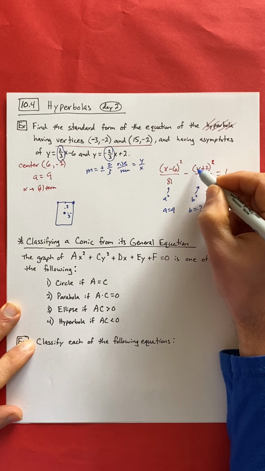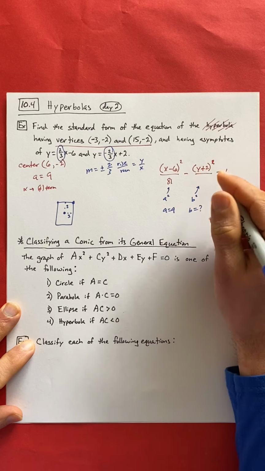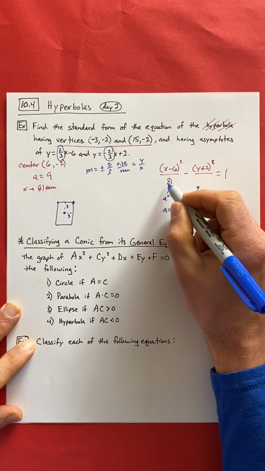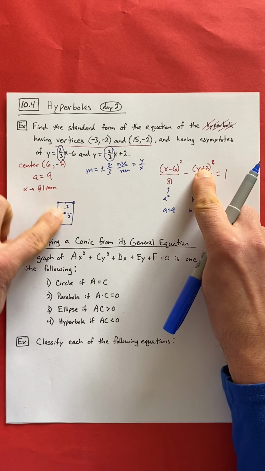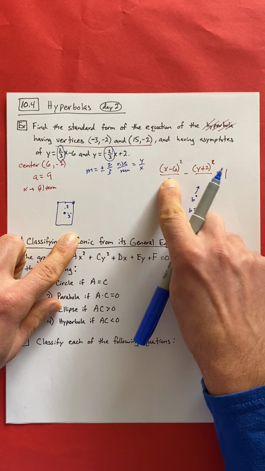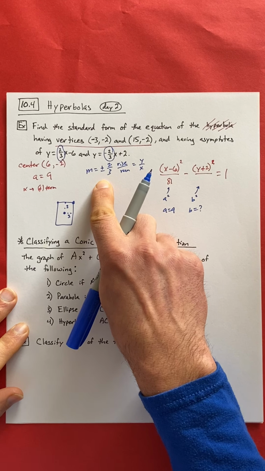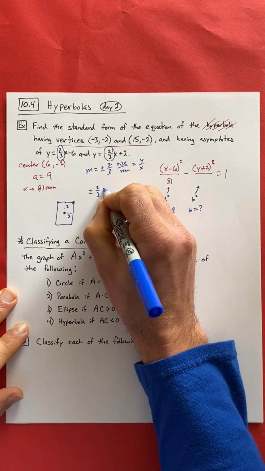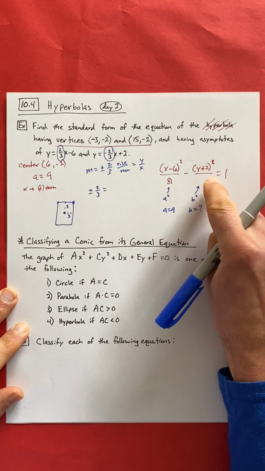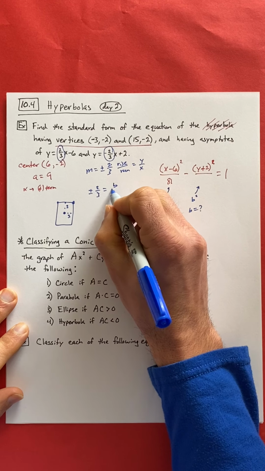There's y. That means the slope of this equation would be this denominator, the square root of it, divided by that denominator, because that's the y term. That would tell me how far up or down I'm going. The number under the x tells me how far right or left I'm going. My slope for the asymptotes, I know, is plus or minus 2/3. On my equation, the slope is going to be b, whatever that is, divided by 9.